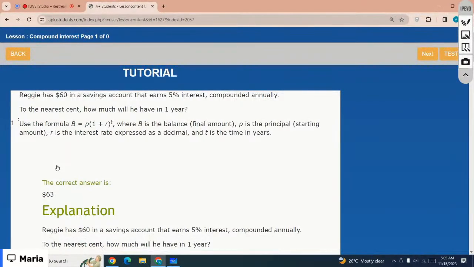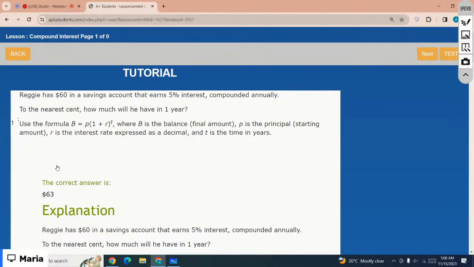Okay, Rigi has $60 in a saving account that earns 5% interest compounded annually to the nearest cent. How much will he have in 1 year, right? So you are given the compounded annually, right? Annually means after every 1 year. 1 year has 12 months, right? So the time duration here you have 12 months.